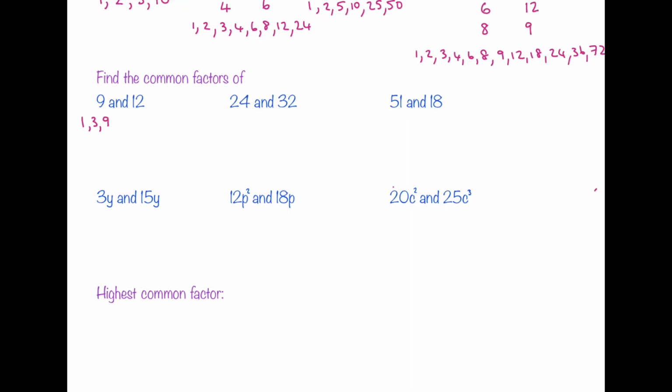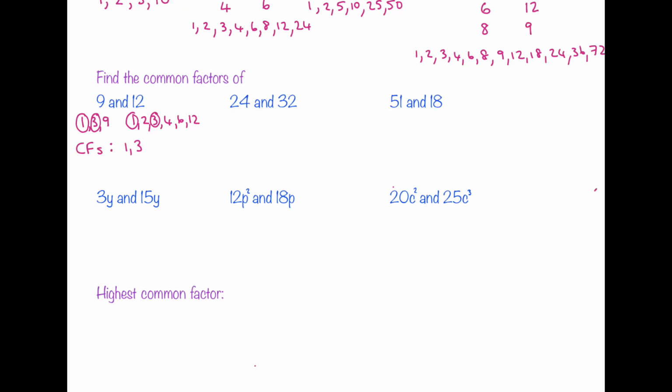If we were to list the factors of 12, we'd have 1, 2, 3, 4, 6 and 12. So the common factors, numbers that are in both lists, are 1 and 3, and that's it. Okay, so the common factors of 9 and 12 are 1 and 3.